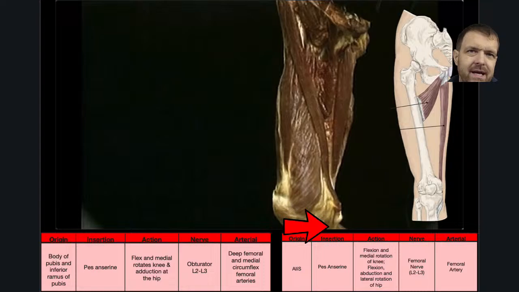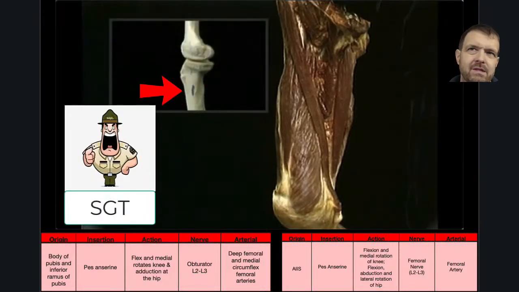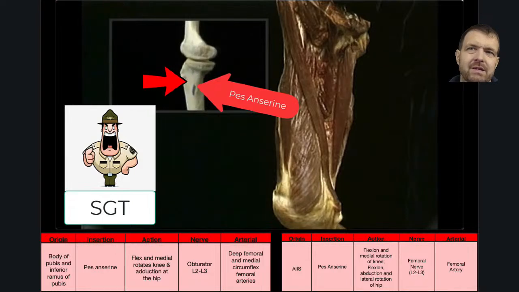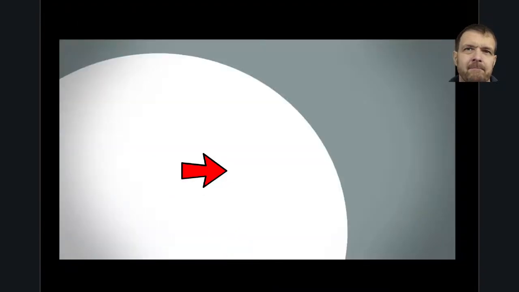And then again, they attach down onto the pes anserine area, which is this area here. So that's your sartorius, gracilis, semitendinosus, all attaching into that area just there. And there's usually a little bursa around there as well. It can be quite tender, which is normal really, because there's quite a lot of action going on there.